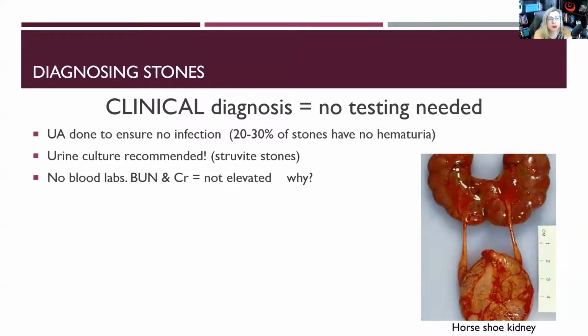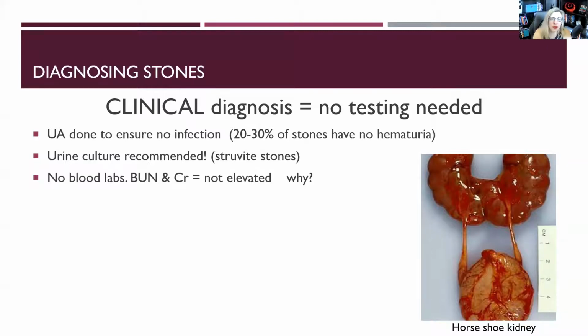But 20 to 30% of those stones either scraped so high up that the blood can't get down into the bladder, or they're not causing bleeding. And just because it's not sharp or pokey, and just because it's blocking that blood from getting down into the bladder, doesn't mean they don't have a stone. So this is a pretty high percentage, 20 to 30%. One out of almost every 5 people doesn't have blood in their UA. So this is not a way to diagnose kidney stones. Very important for you to know.